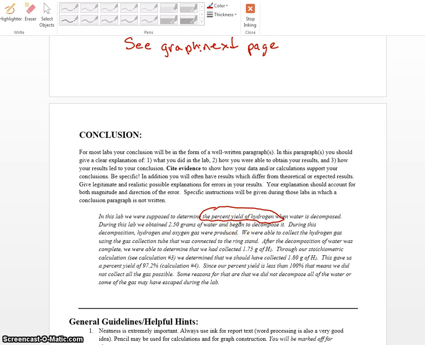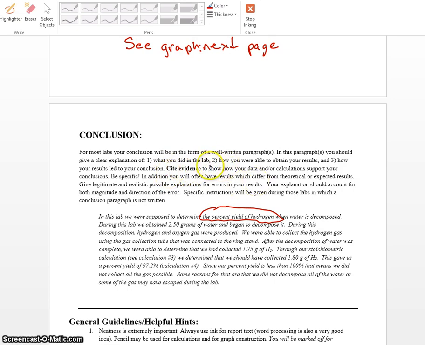That should be very early on in your conclusion discussion. Always make sure to address the answer to the purpose. What did you determine? But then you need to explain how you did that and what evidence you have from your results that supports that. You see here, cite evidence.